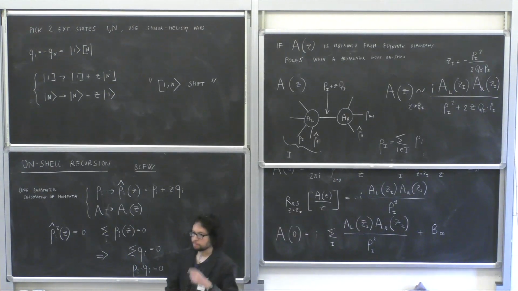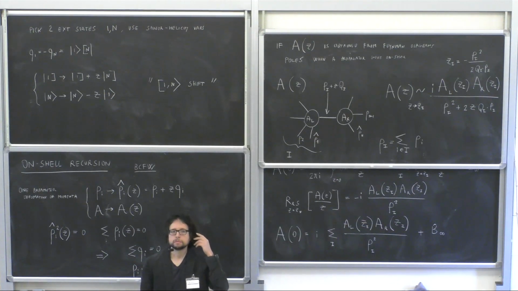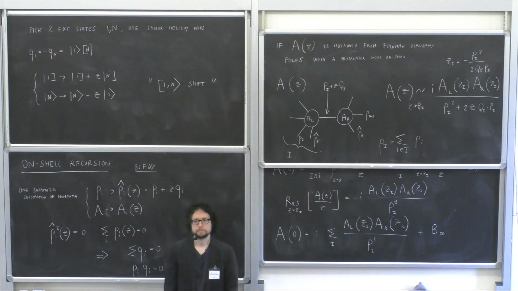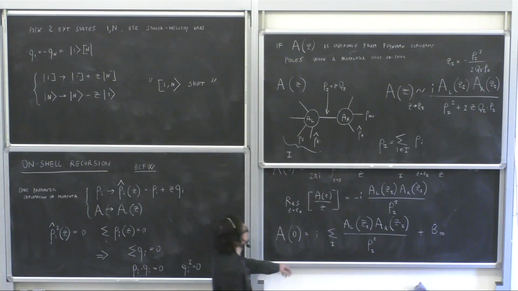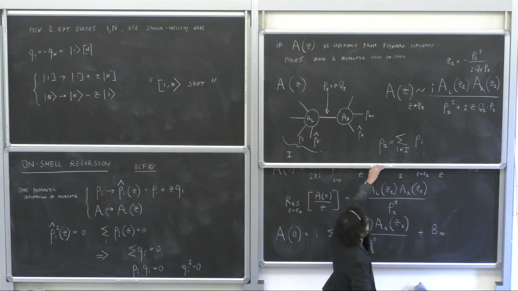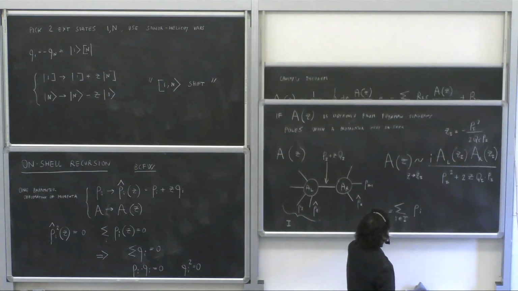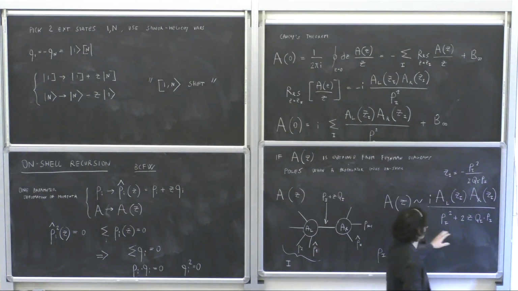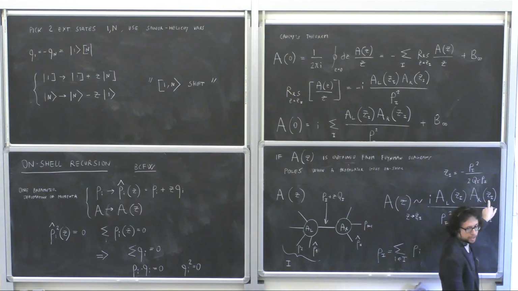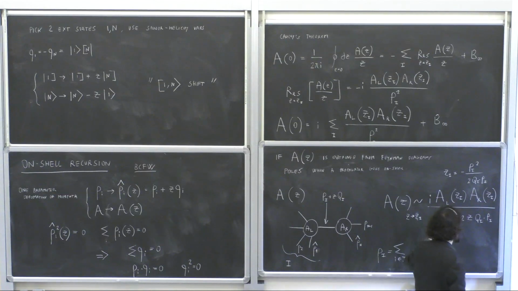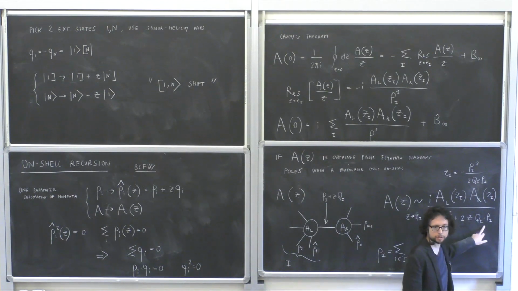Questions about this? Yes. Yes, so when I'm taking the residue, okay, so when I'm taking the residue, I write this as z minus z_i, multiplying this product, of course.